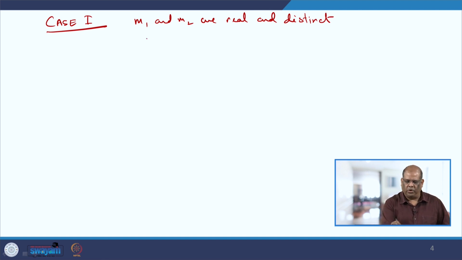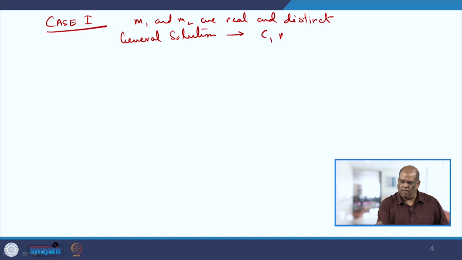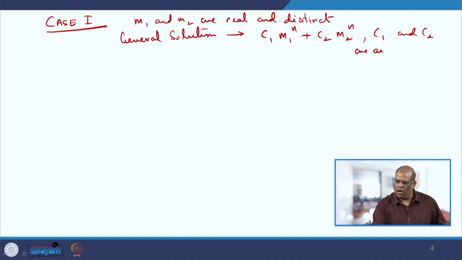Then the general solution will be of the form C1 m1 to the power n plus C2 m2 to the power n, where C1 and C2 are arbitrary constants.